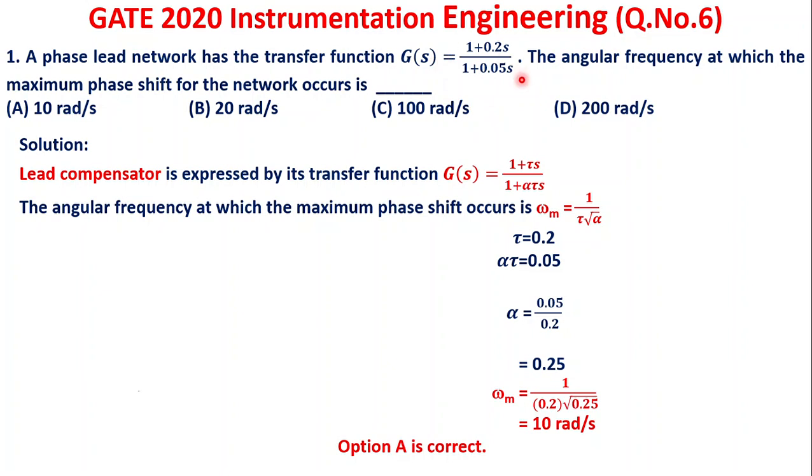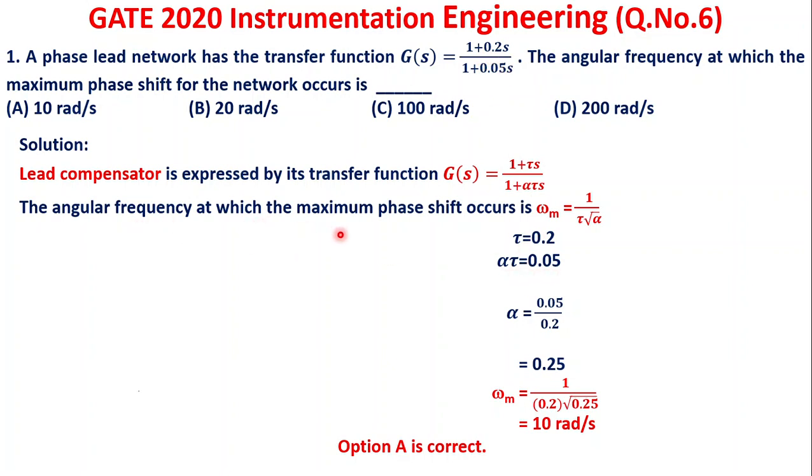First of all, we have to check whether this is in the standard form of a lead compensator. The lead compensator is expressed by its transfer function G(s) equal to (1 + τs) / (1 + ατs). So here τ is 0.2 and ατ is 0.05.